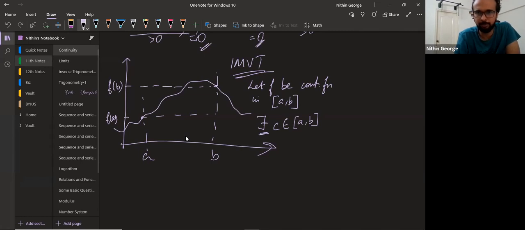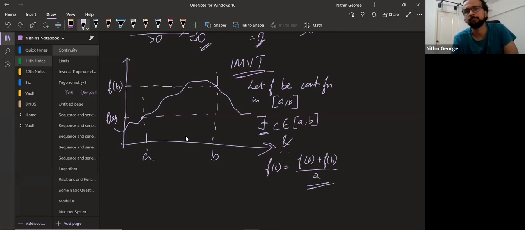There exists a number C between A and B such that f of C is equal to f of A plus f of B by 2. Okay. There will be a value C such that f of C will be f of A plus f of B by 2.